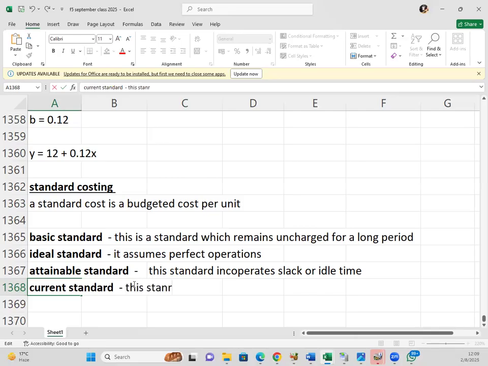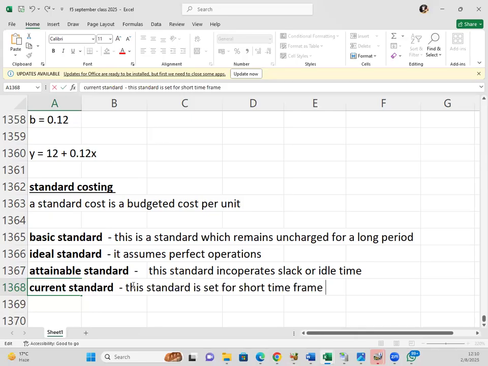It could be based on the current operations. So we set a target based on what is currently taking place.